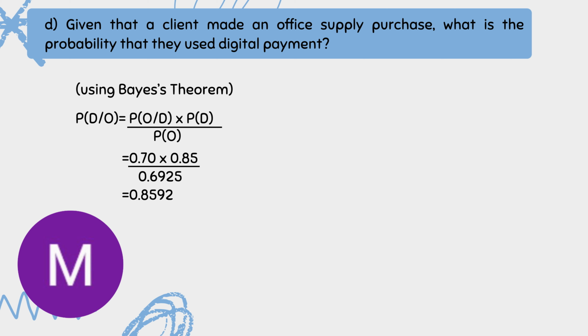It becomes 0.70 times 0.85 divided by 0.6925, which equals 0.8592. So the probability of digital payment given office supplies is 0.8592, which in percentage is 85.92%. Thank you.